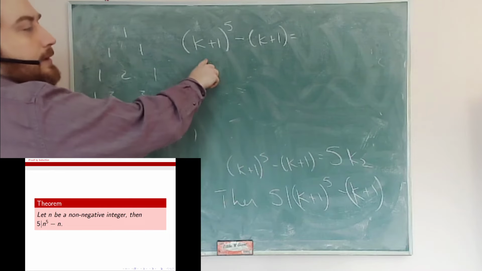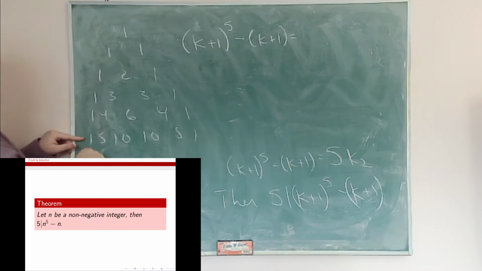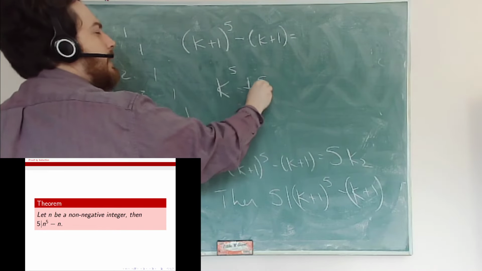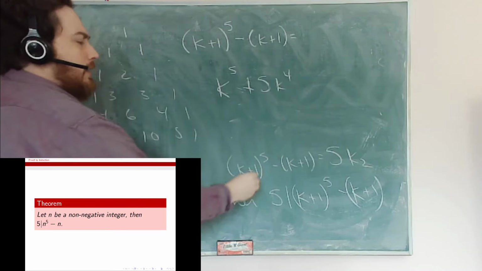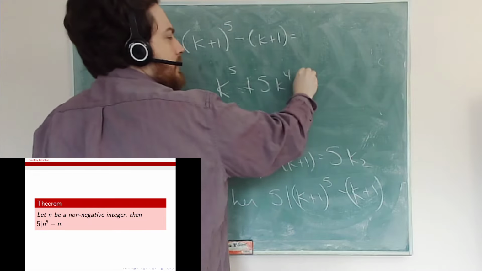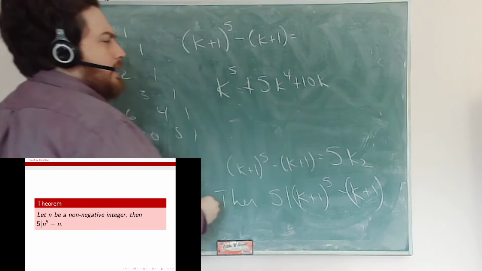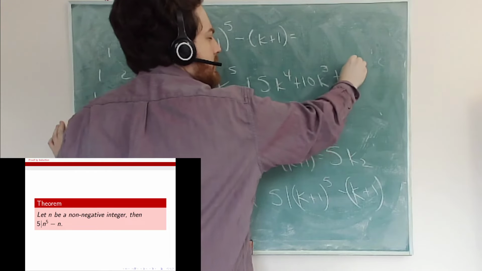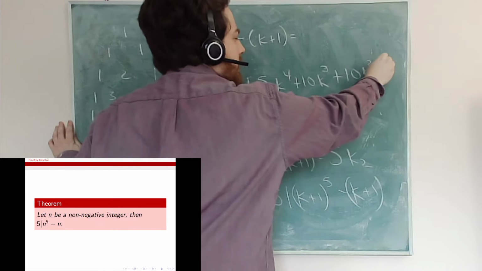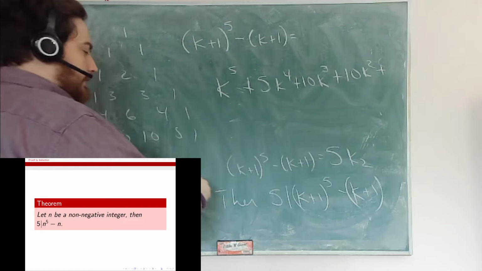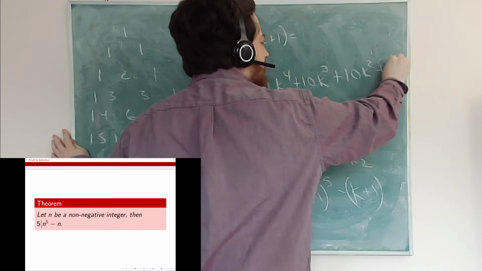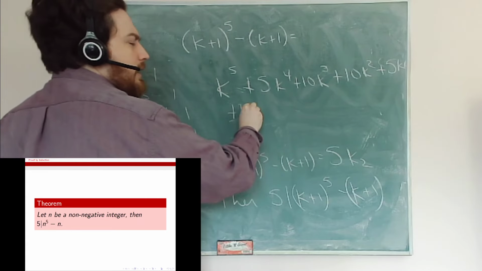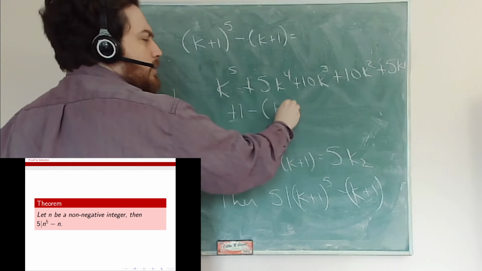So what we get is that k plus 1 to the 5th is 1 times k to the 5th, plus 5 times k to the 4th, plus 10 times k to the 3rd, plus 10 times k squared, plus 5k, plus 1, and then we're going to subtract k plus 1.